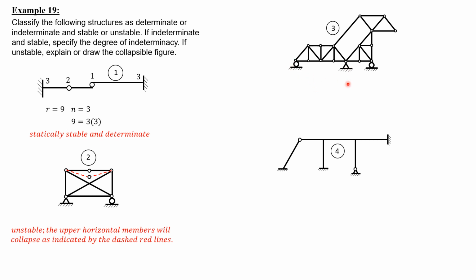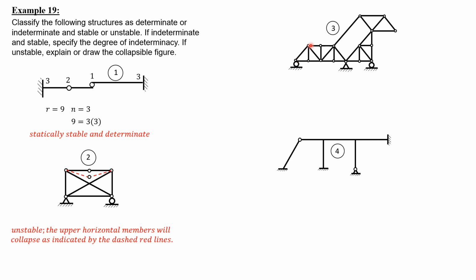Then for number 3, we have to count the external reactions. It has horizontal constraint and vertical constraint, and also for rotation. In fact, there are 4 unknown external reactions.